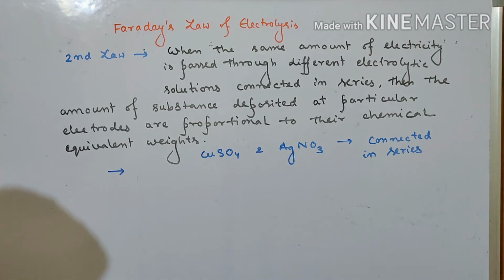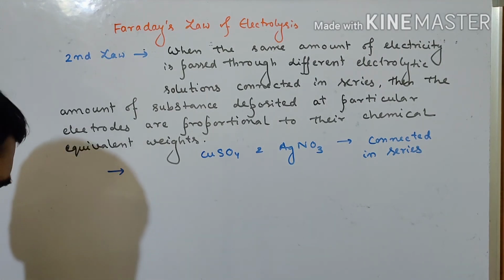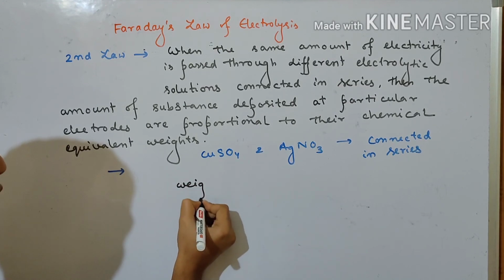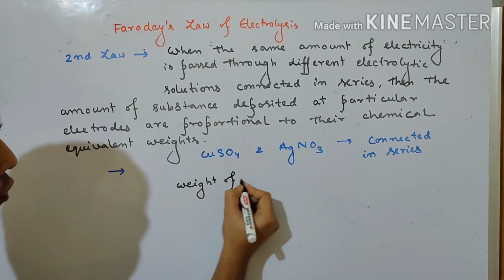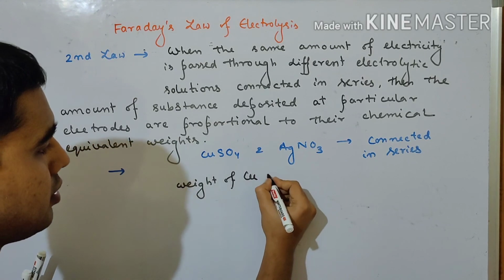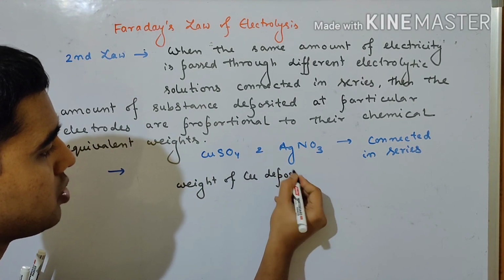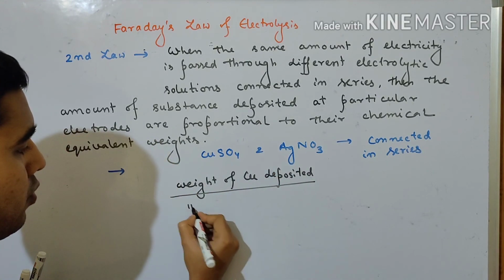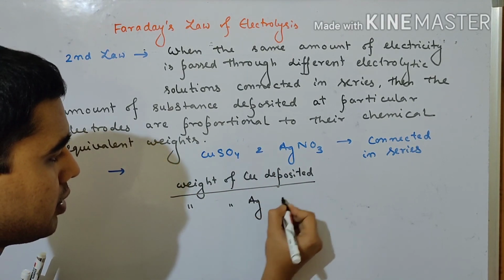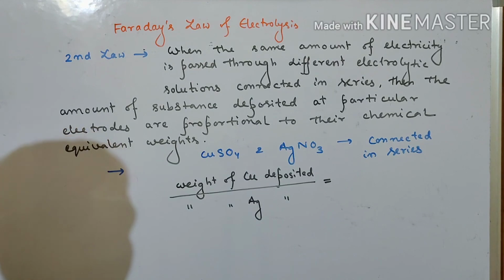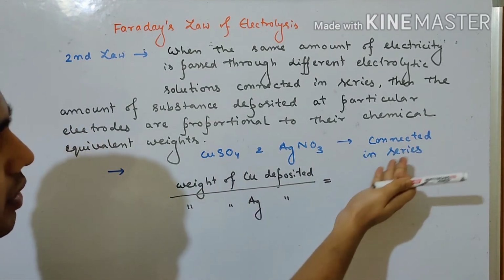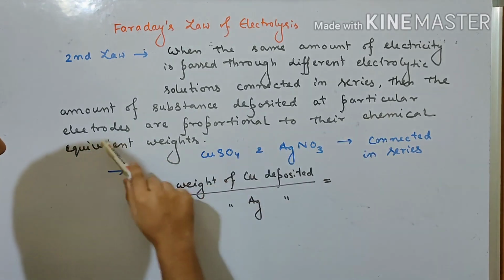In that case, according to this law, weight of copper deposited divided by weight of silver deposited should be equal to the ratio of their chemical equivalent weights.